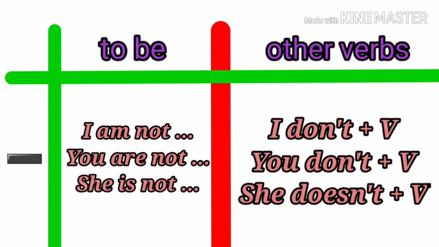So verb to be does not need any auxiliary verb, any helper word. Instead, other verbs need this auxiliary verb of present simple, do or does. So we say I don't play, for example, or you don't speak, or she doesn't agree.